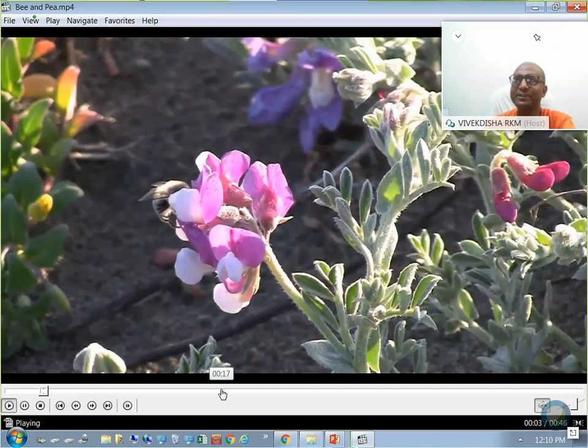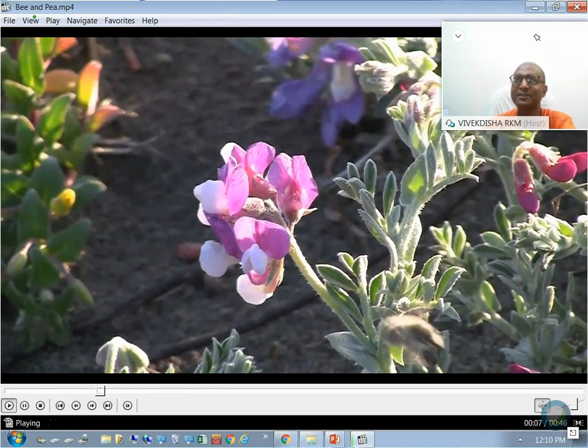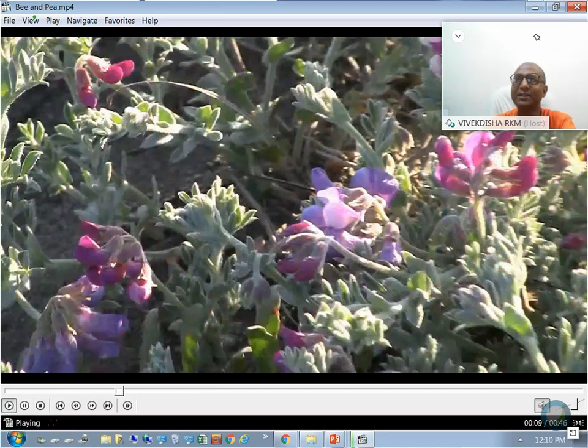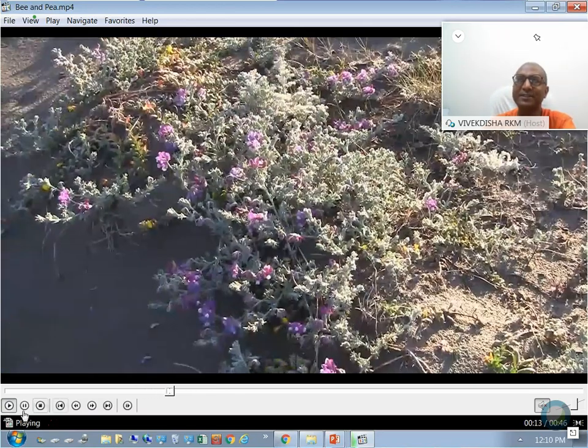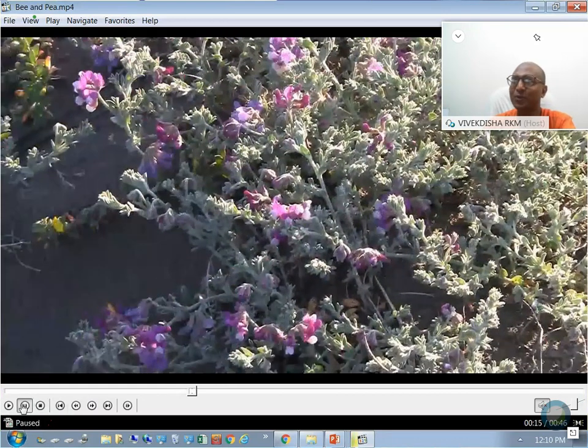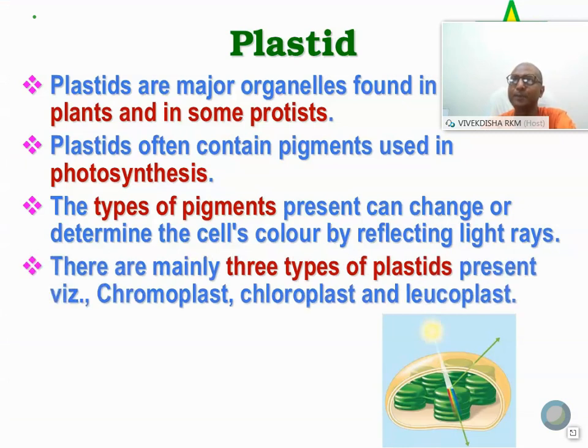Sometimes insects visit different plants, collecting honey and nectar. When we see the colors, we enjoy it and say it is very nice. So these are the types of pigments. Three types of plastids are present: chromoplast, chloroplast, and leucoplast.